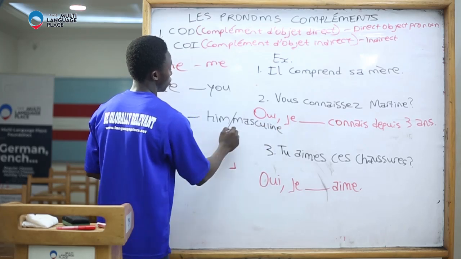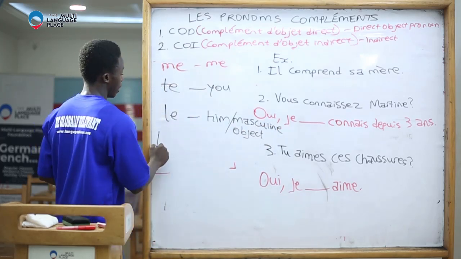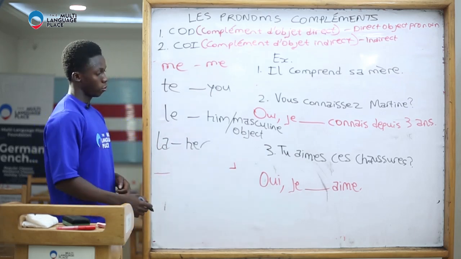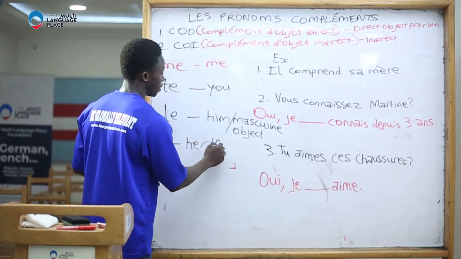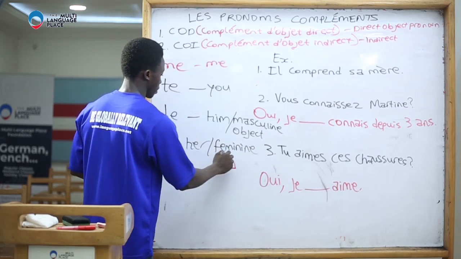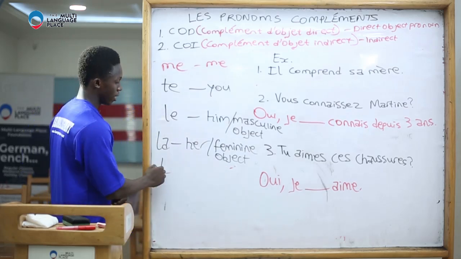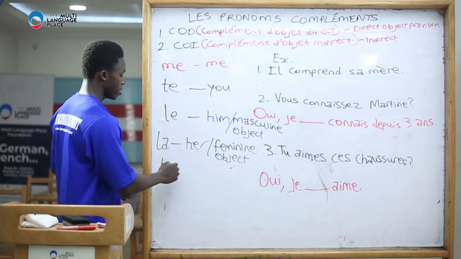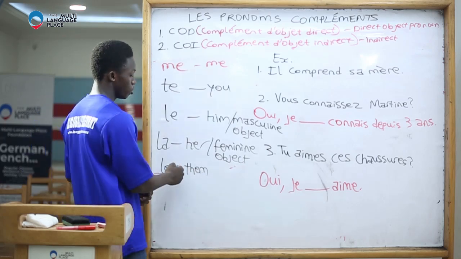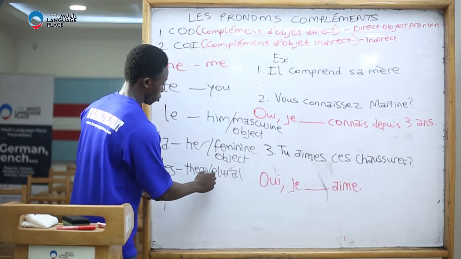Now, la means her. We also use la whenever we have a feminine object. What else? We have les. Les means them. We also use les whenever we have plural, third person.